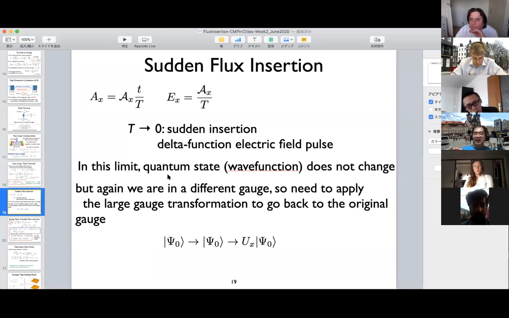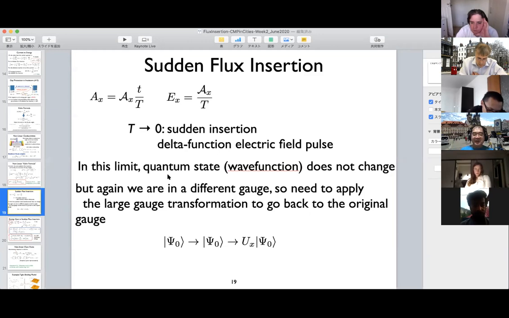So at t bigger than 0, you have a different Hamiltonian, including the vector potential. So this is a variation of quantum quench. And in this case, just after applying the flux, the wave function does not change because basically the wave function cannot catch up with the sudden change in the Hamiltonian.